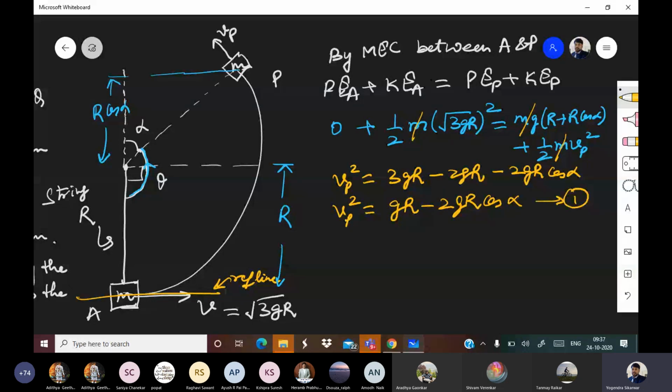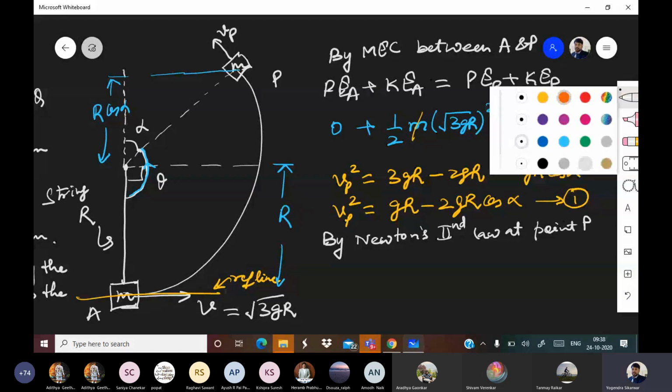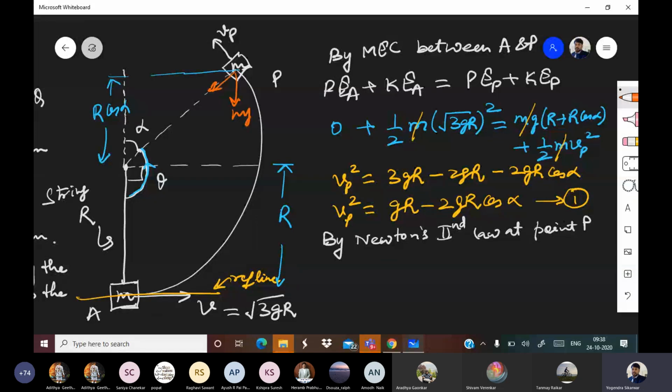So this is at point P. Now we are going to apply Newton's second law at point P. So by Newton's second law at point P, pay attention, this will be mg, this will be mg cos alpha, this will be mg sin alpha, because if this angle is alpha, this will be alpha.